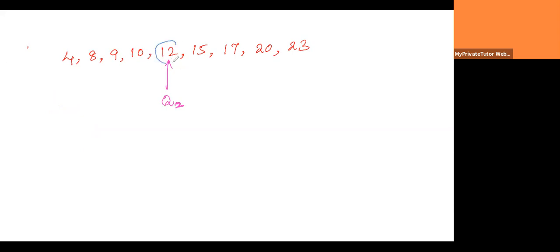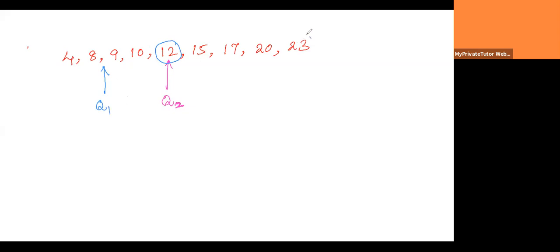You got 12 as the answer for Q2. You're going to pick the remaining data on the left side of Q2, and from that find the median again. So what is the median of the data left of 12? You can see that it is 8.5. I hope everyone agrees and understands that. So 8.5 is nothing but Q1.